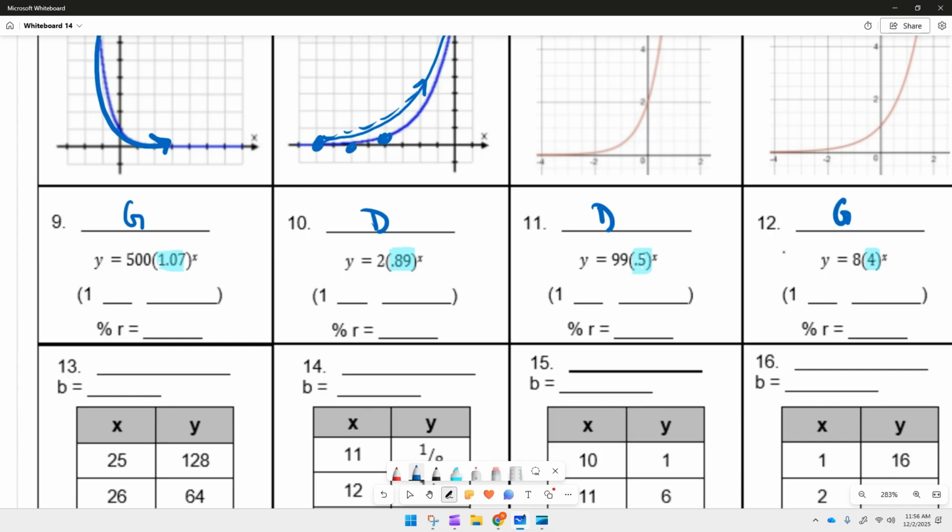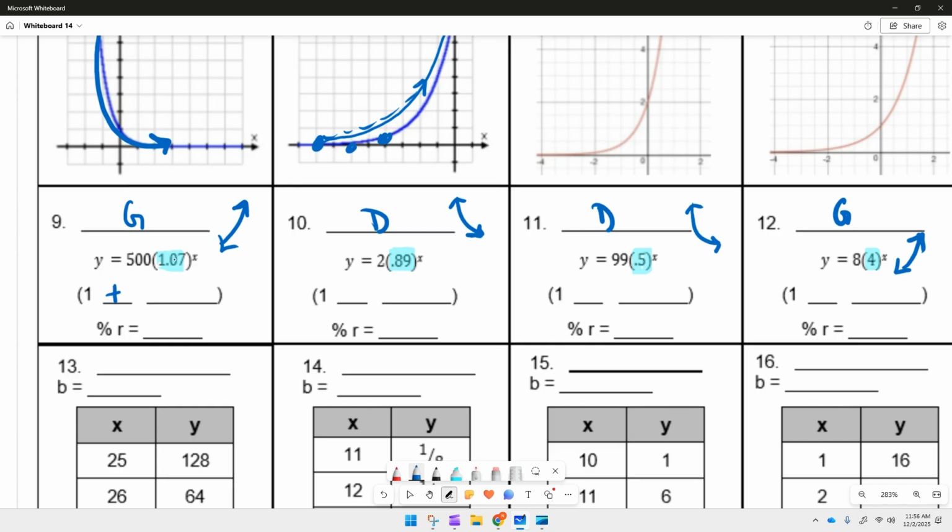So like now thinking about that picture mentally, you know that your graph for that is going to look like that. You know that the graph for this is going to look like that. Does that make sense? Now, let's talk about how I can break up that B value in terms of where you have the 1 involved. So you know that the growth would be 1 plus the rate.